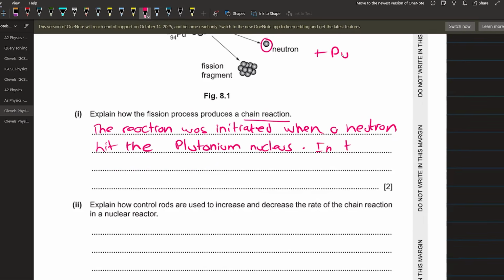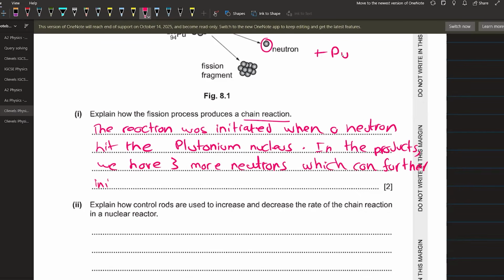In the products, we have three more neutrons, which can further initiate fission reactions. Simple. आगे बढ़ते हैं. Let's move ahead.